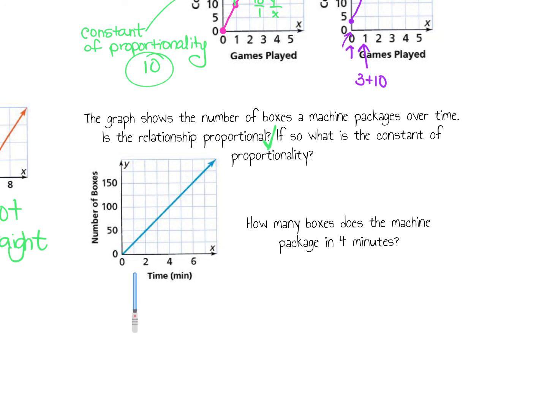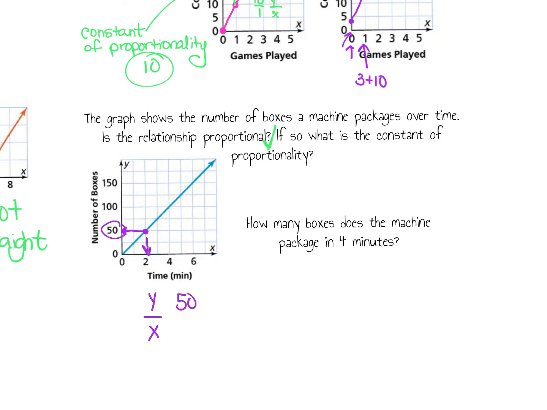Well, what I'm going to do is look right here at 2, 50. So the point 2, 50. To figure out the constant of proportionality, we're going to take y and divide it by x. So right here at this point, my y value is 50.